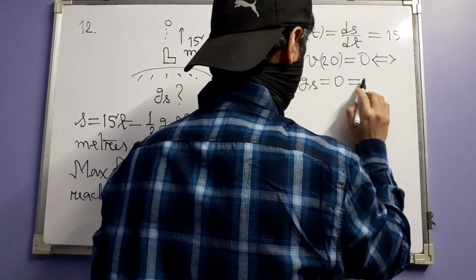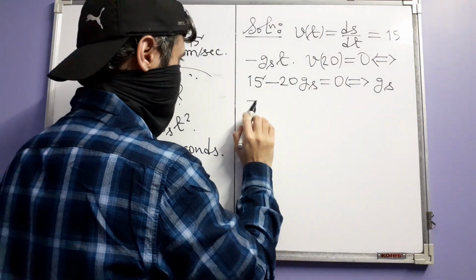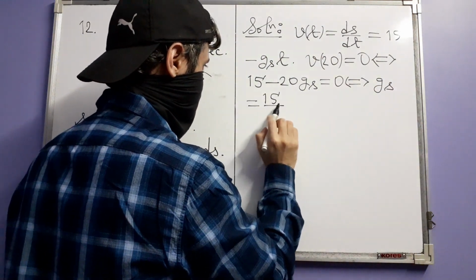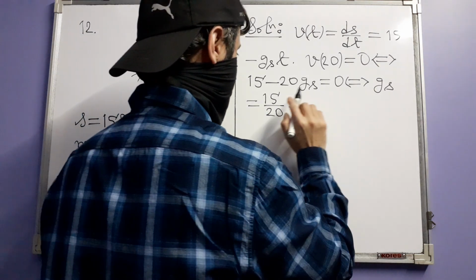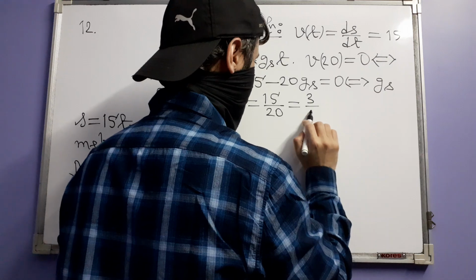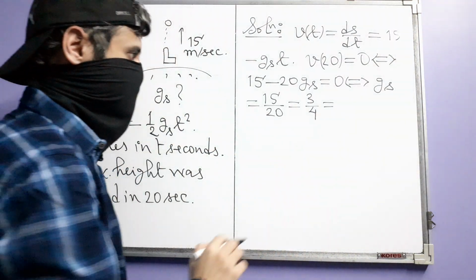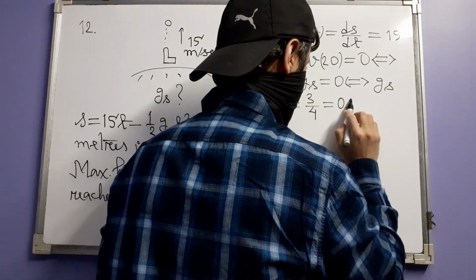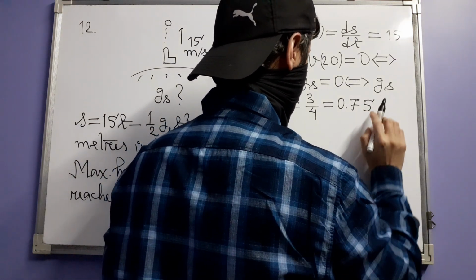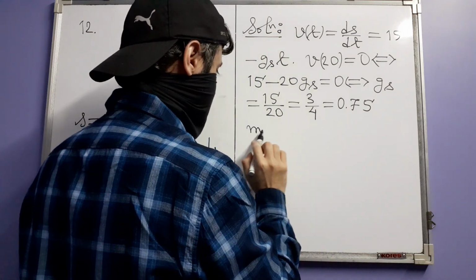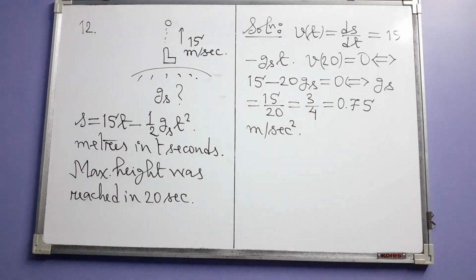Now if you say, yeah, this one looks simple enough. So gs will be 15 divided by 20. If you cancel 5, you are getting 3 over 4, which if you express as a decimal, it becomes 0.75. And what will be the units? It will be meter per second square.